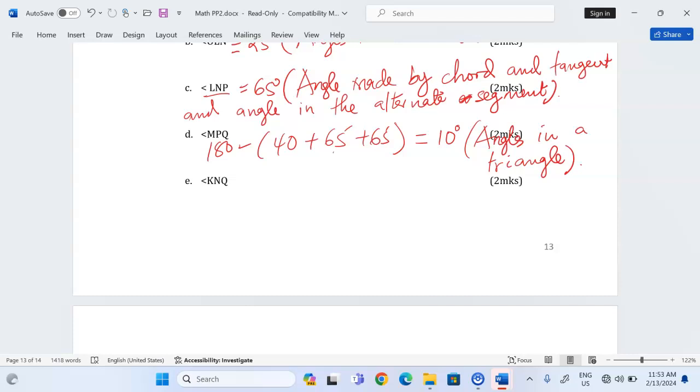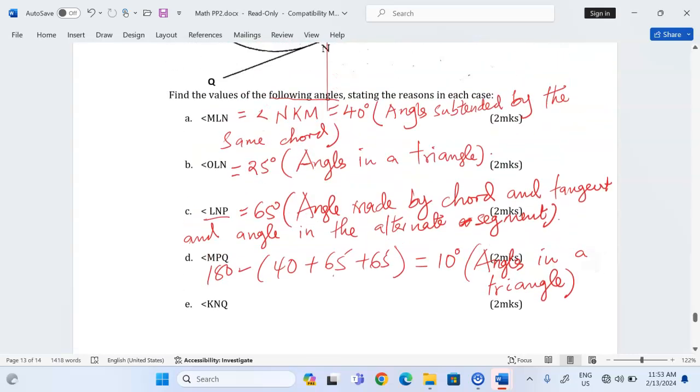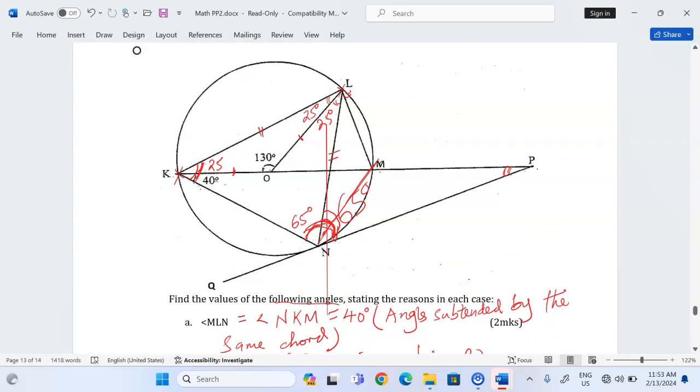Finally, we are finding the angle KNQ, the angle at this point. Okay, the angle might have several approaches. That is, along a straight line, the remaining angle, because we already have 65 and 65, which is 130, so the remaining angle is going to be 50 degrees.